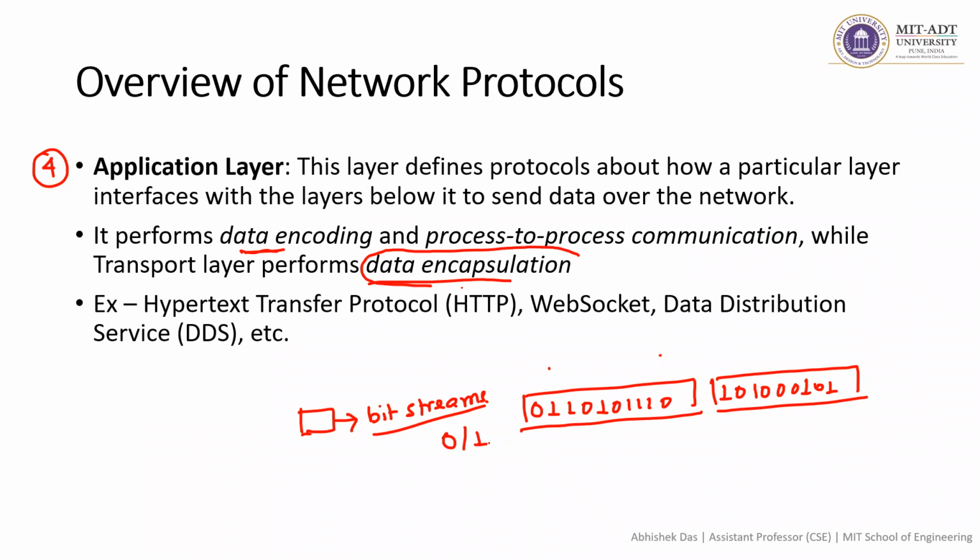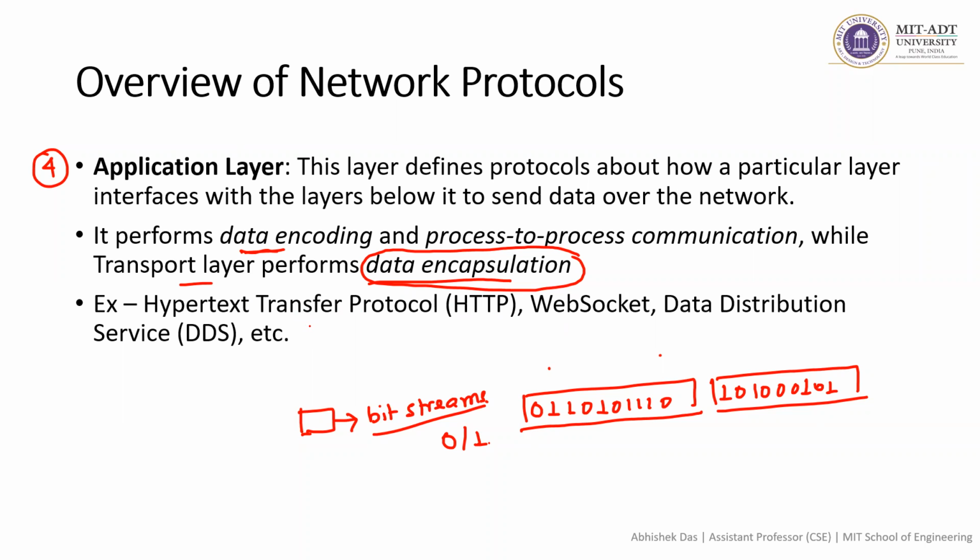After that only the packets get transferred from one device to another device. The protocols present in the application layer are the hypertext transfer protocol, the WebSocket protocol, and the Data Distribution Service, that is DDS, and a lot of protocols are also there, to name a few.